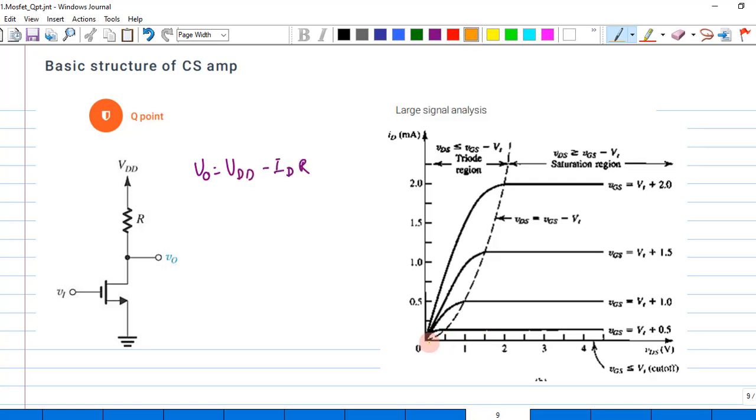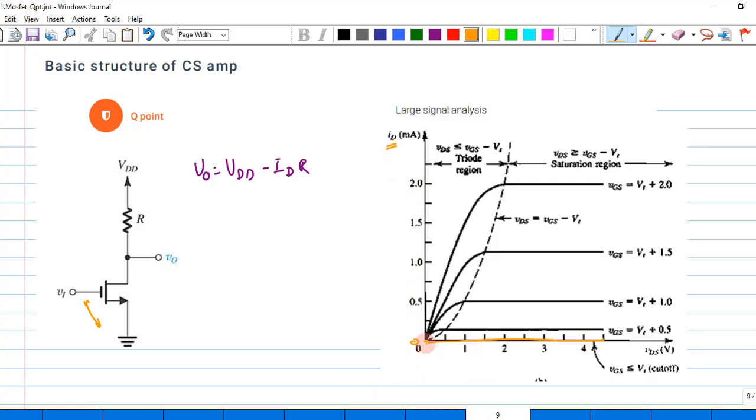Now, when the input voltage is at 0, the VGS of this particular structure would go to 0 as well. Under this condition, our transistor was in cutoff, and it is not only this particular origin that is the cutoff region, the entire region is assumed to be cutoff. Throughout this region, the Y value, which is my ID, is completely 0.